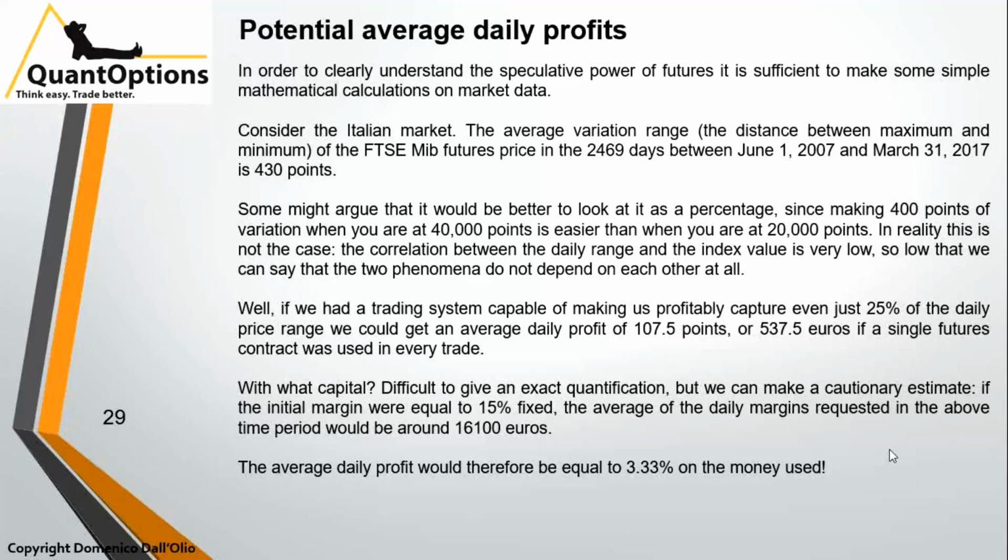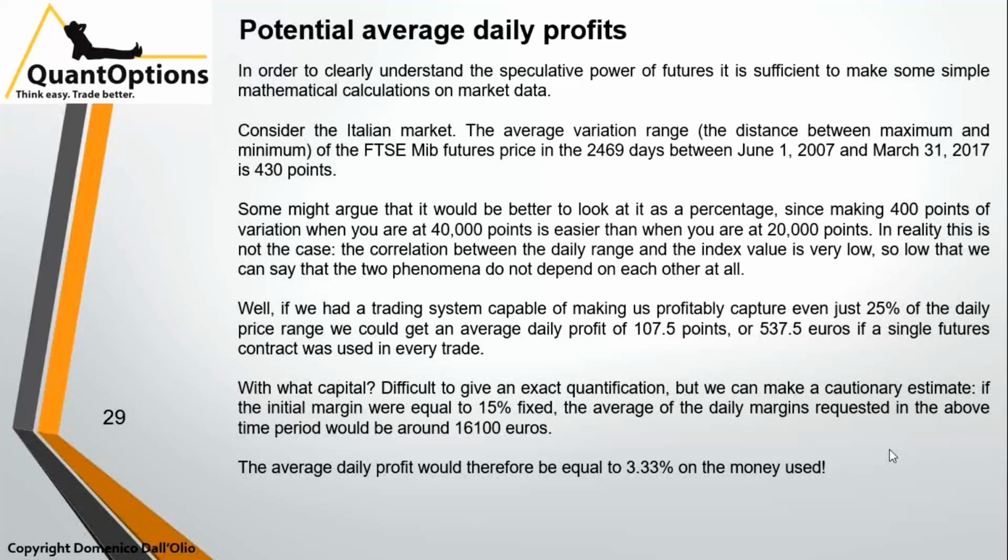Well, if we add a trading system capable of making us profitably capture even just 25% of the daily price range, we could get an average daily profit of 107.5 points, or 537.5 euros if a single future contract was used in every trade. With what capital?